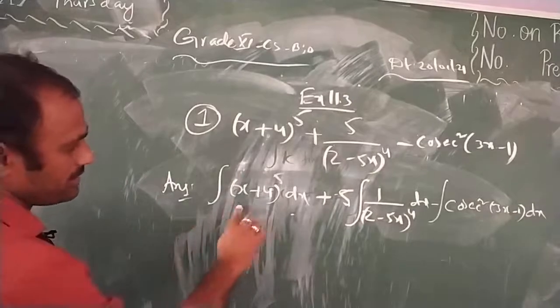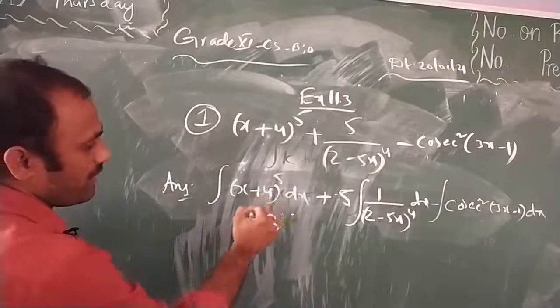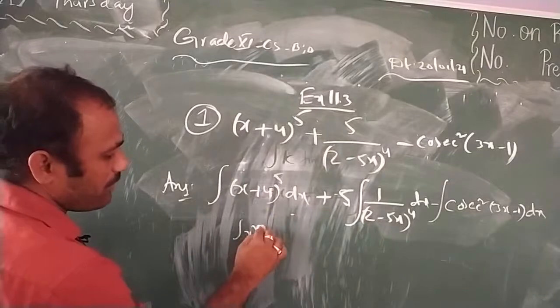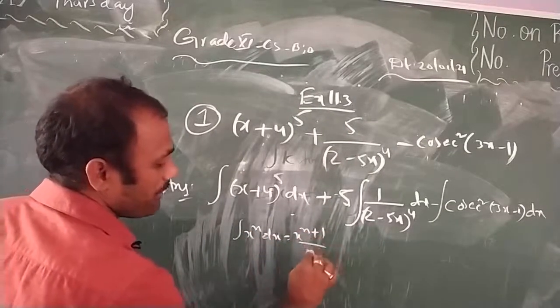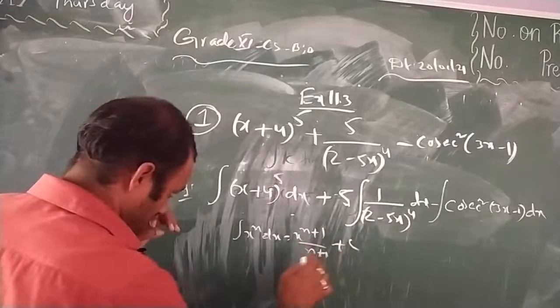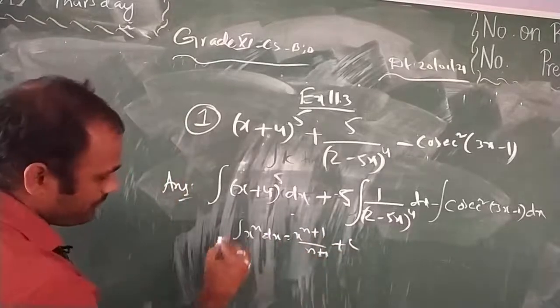It is in the format of x power n. So integral of x power n dx can be written as x to the power of n plus 1 by n plus 1. We will apply this here.